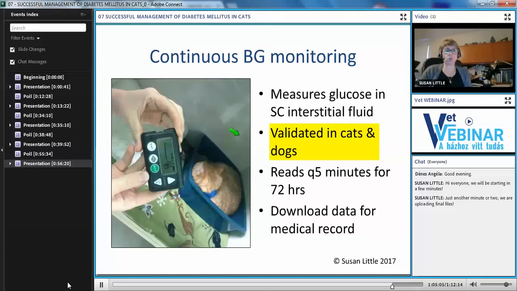The patient stays in the hospital, and I'll show you what the unit looks like. It's on the back of the neck of this cat, and it's sending signals to this receiver. At the end of the 3 days, we download the information from the receiver, and we can put it in the medical record, and we can see what's been going on with those glucose measurements.